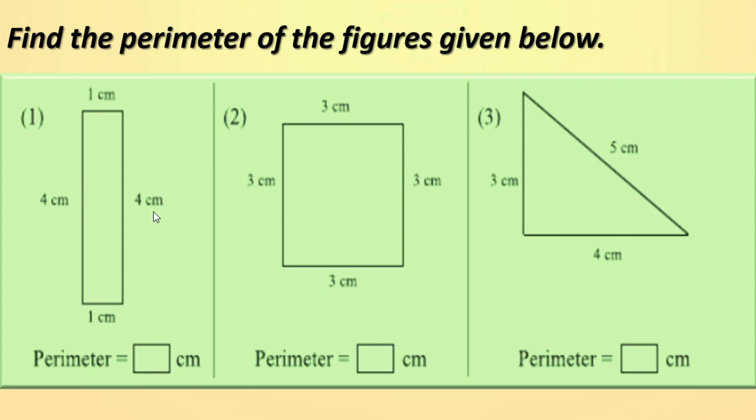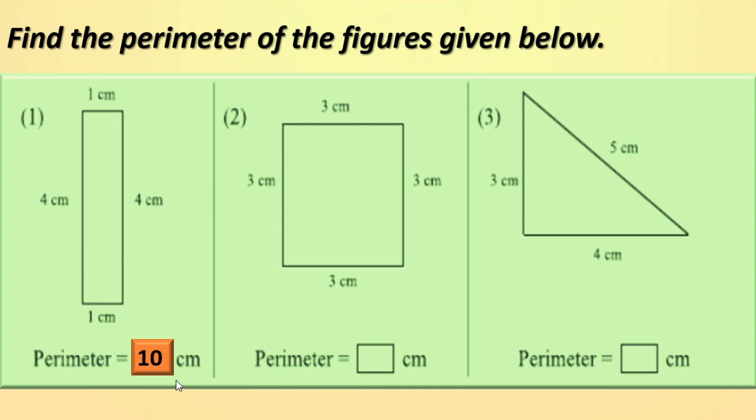See this, opposite sides are equal, right? This is 1, here also 1 centimeter. This is 4, here 4. Come on, tell me the perimeter of this figure. 4 plus 1, that is 5, plus 4, that is 9, plus 1, that is 10 centimeter.